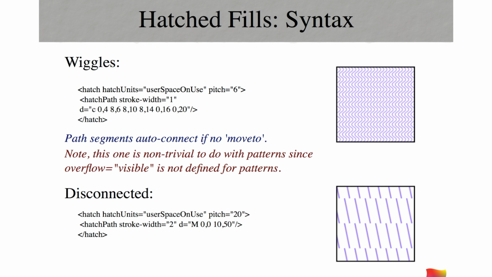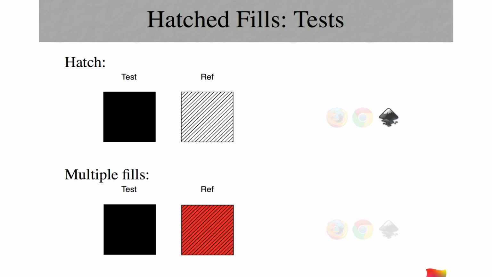You can have squiggly lines, disconnected lines if that's what you want. And here's a test. Inkscape has an implementation of this now, not in the trunk, but in another repository. But we have this now, and that should be going in hopefully the next few months.